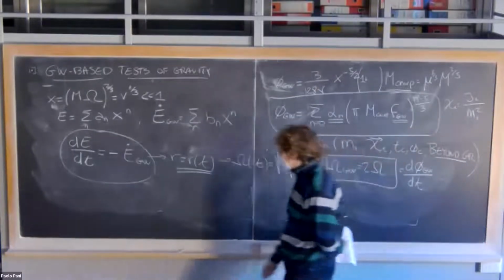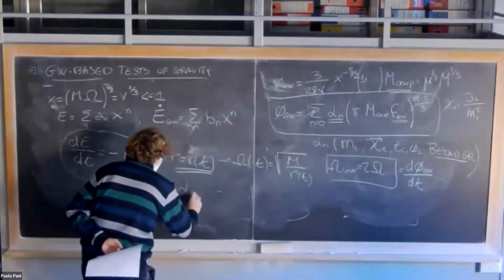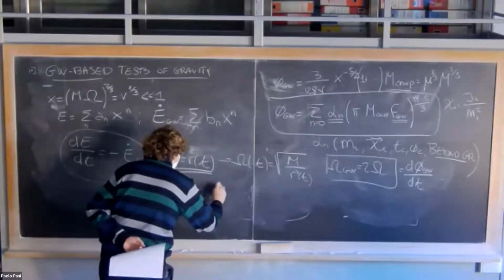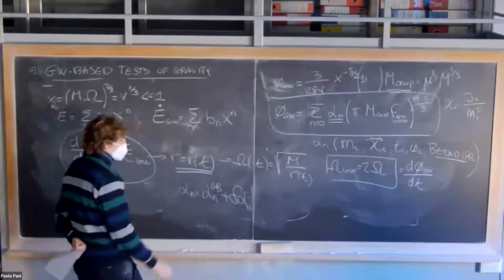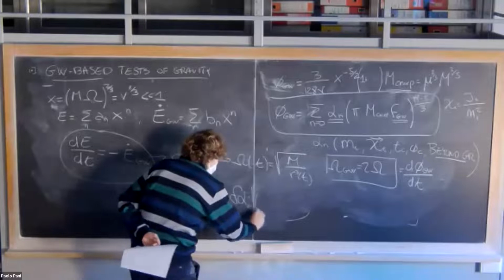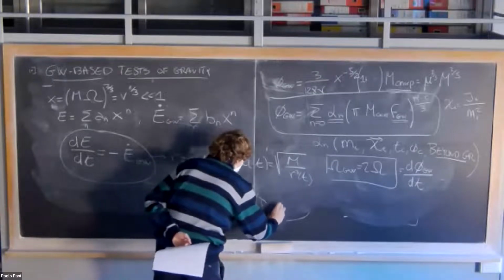The simplest thing one can do is say alpha_n is equal to alpha_n^GR plus some correction, let's call it delta alpha_n, that will depend on the theory.